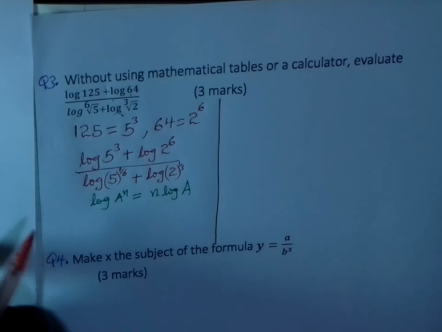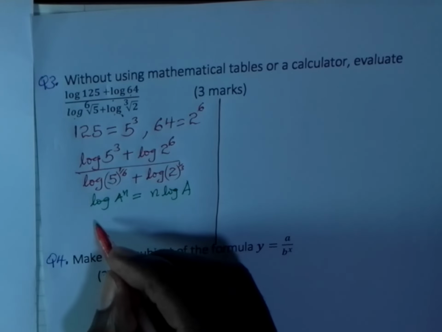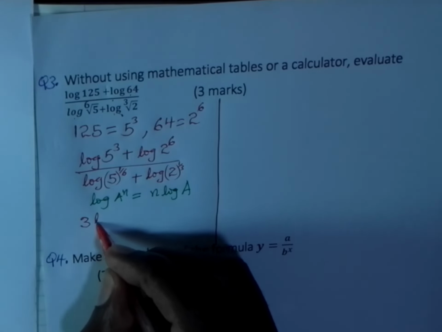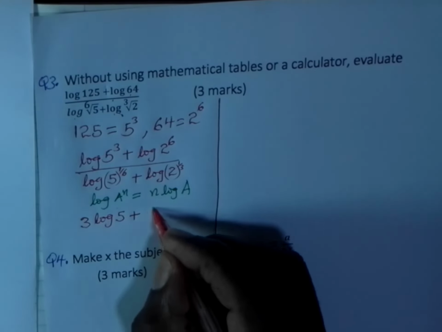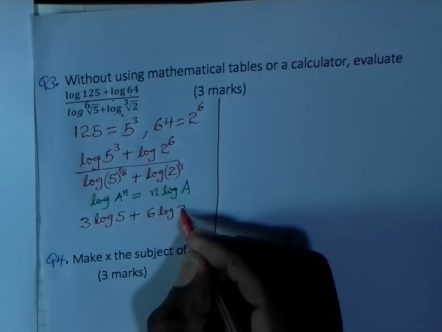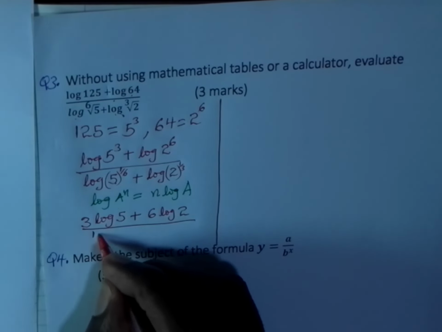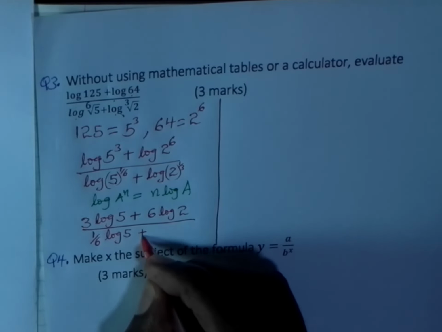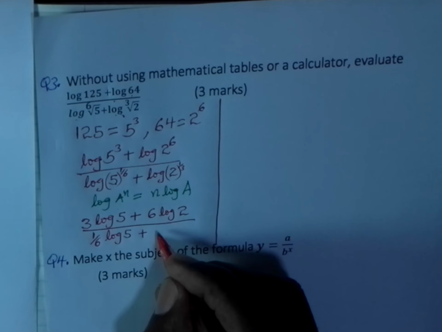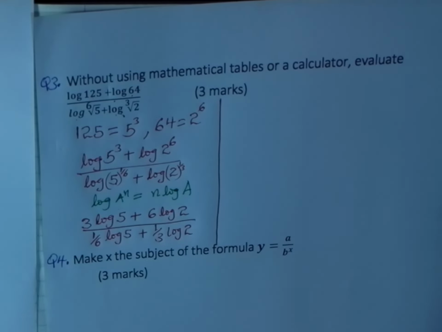And therefore, in our case here, this can be written as 3 log of 5 plus 6 log of 2 all over a sixth log of 5 plus a third log of 2.